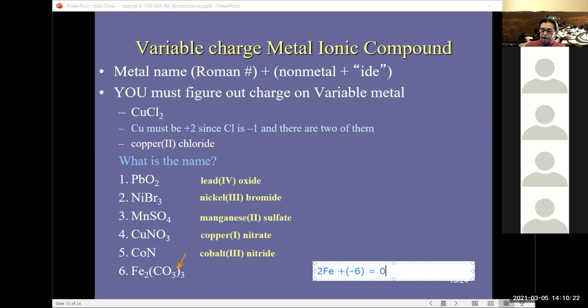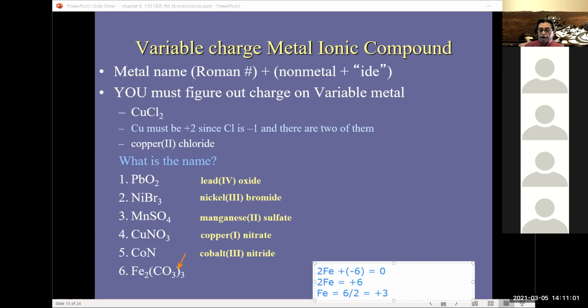So you have a very simple algebraic equation here. We're going to solve for iron. So rearrange the equation. I'm going to add +6 to both sides of the equation. So I get 2Fe is equal to +6, right? And then I divide through by 2 to get rid of that 2 by the iron. And so I end up with Fe is equal to 6 divided by 2, and that is equal to +3.